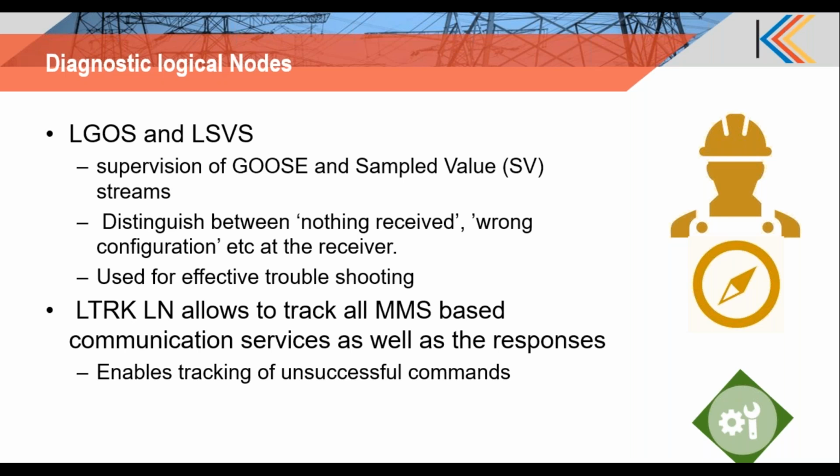Once it starts up and starts seeing the Goose messages in the network, it will subscribe to them and use that information. But the problem was that there was no mechanism to monitor a running subscriber. There was no data modeled or exposed so that a client could get feedback about the health of that subscription service.